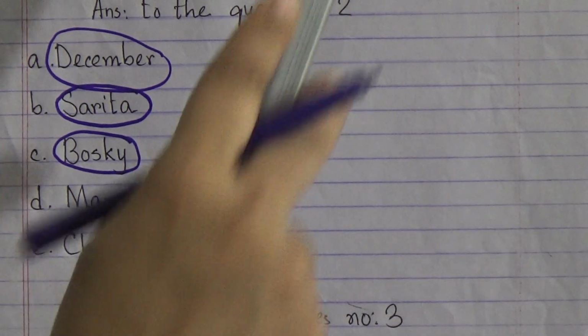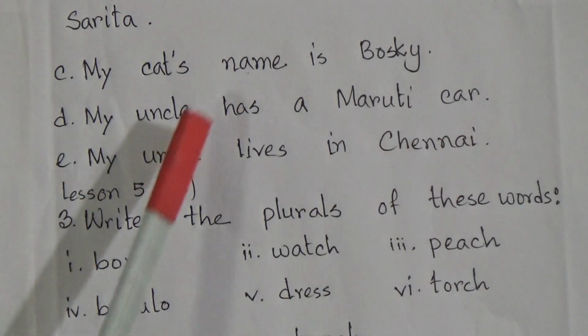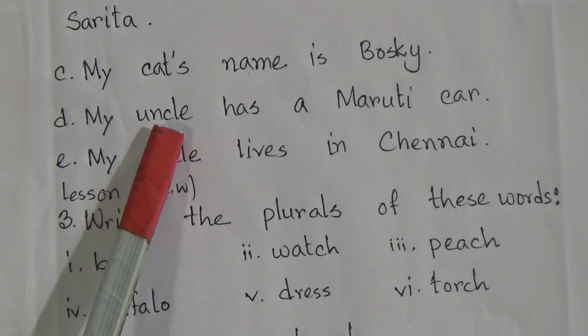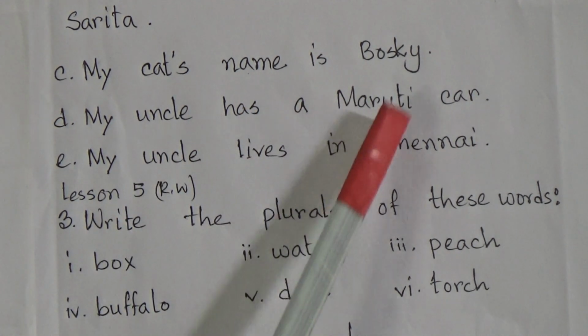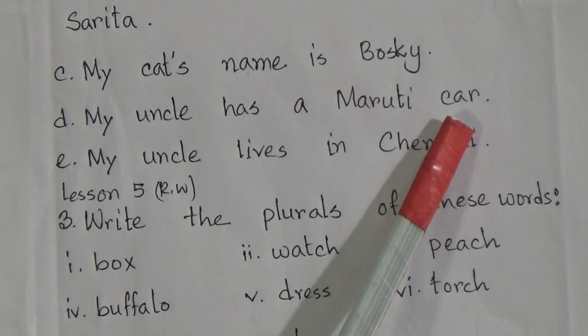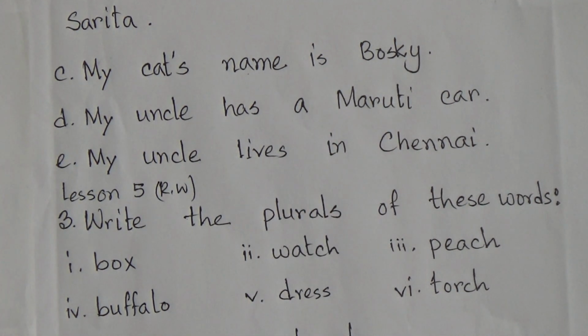Okay. Come number D. My uncle has a Maruti car. Uncle is a naming word but it's not a special name. But Maruti is a special name of a car. Car is also a naming word but Maruti is the special name here. So we will write sub number D and we write Maruti.